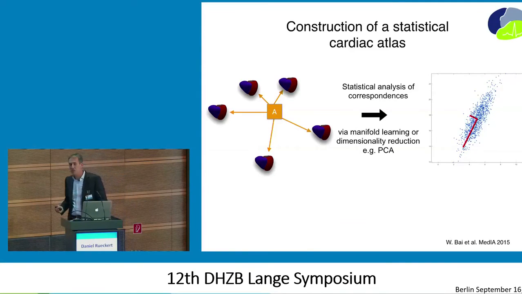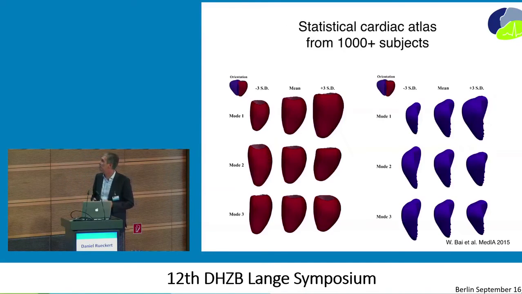So what you can now do is use your favorite statistical analysis technique to look at what is, for example, the most significant variation of LV geometry or RV geometry. You can do that, for example, by looking at the principal modes of variation using a principal component analysis.